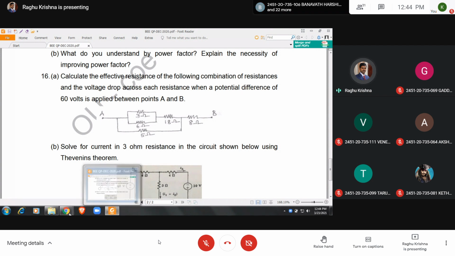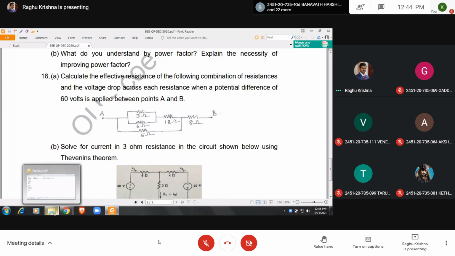So what is the effective resistance you got? First you write on a paper.